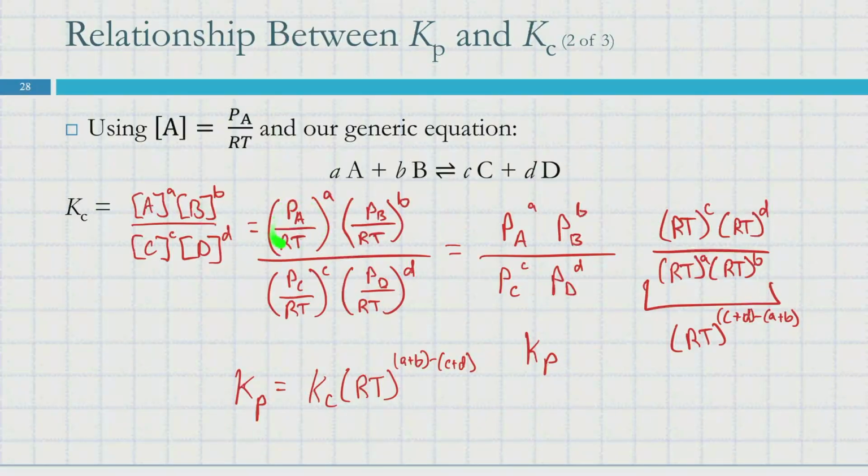And then what we can do is pull out all of the RTs. So we distribute our exponents. We get all of our partial pressures together, the RTs all get pulled out and set aside. And then if we want to, we can also combine the exponents.